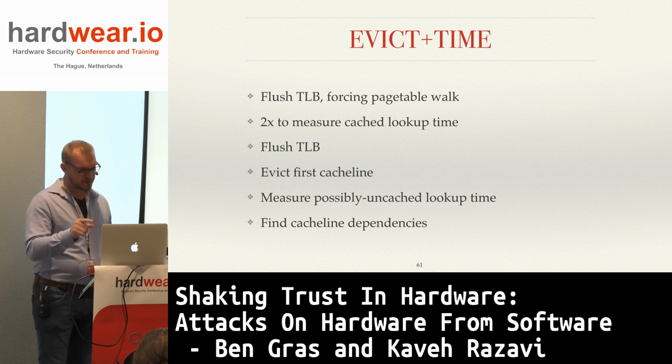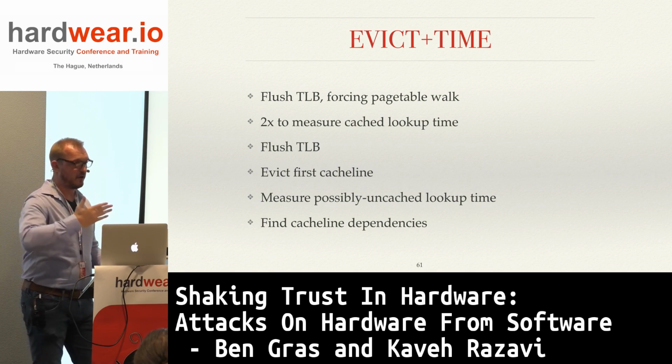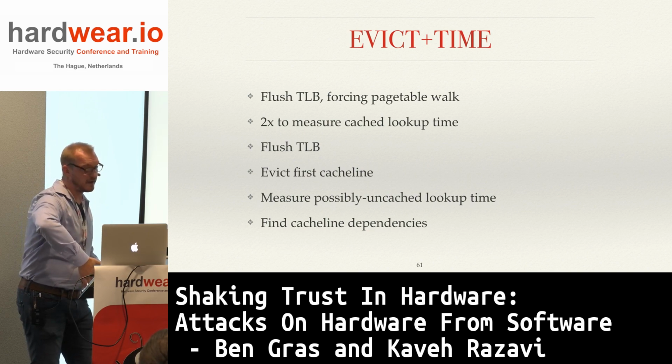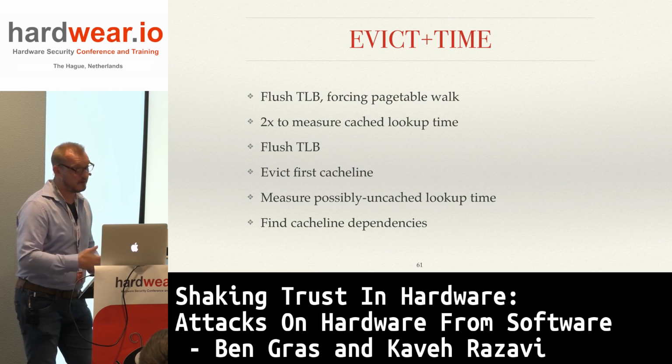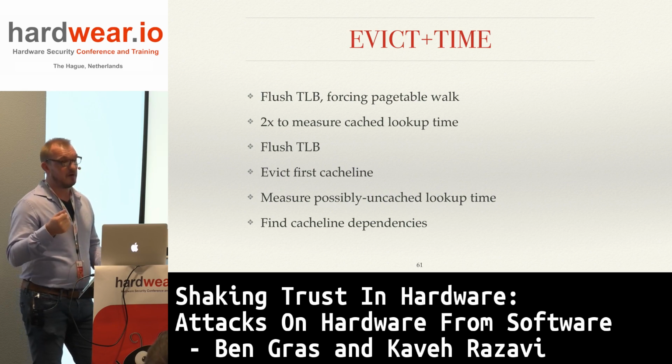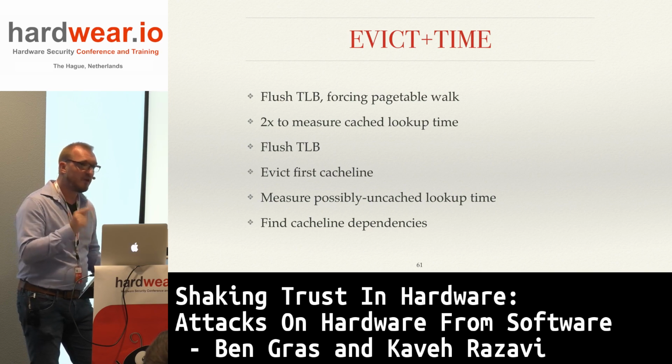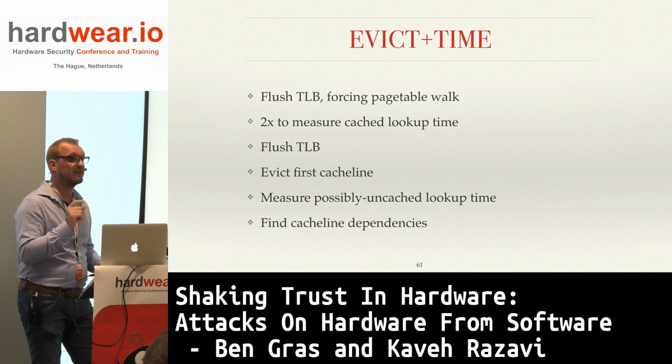If we keep doing this, but this time we access one of our eviction sets, so we know that the corresponding cache set is empty, and we then measure the lookup time that it took for the page table walk to happen. If it slows down, we know it used that cache line somewhere.